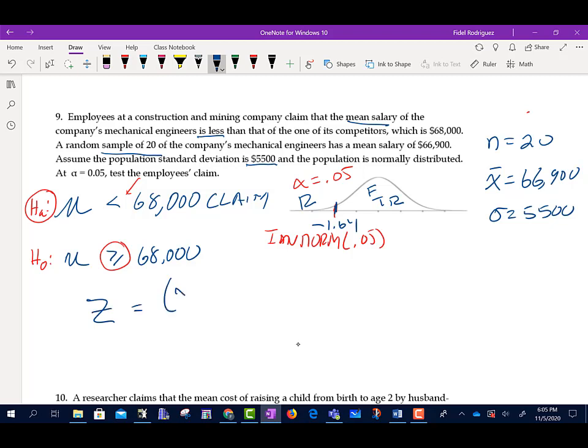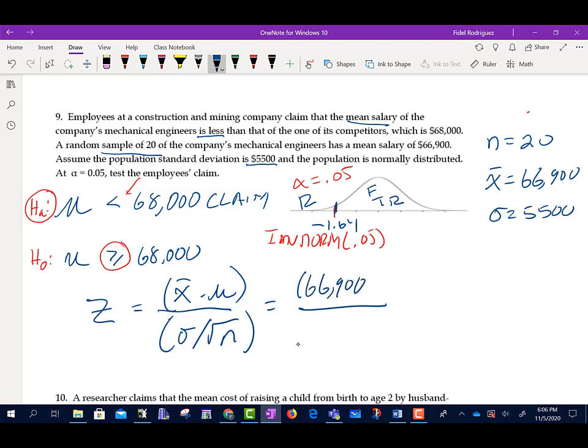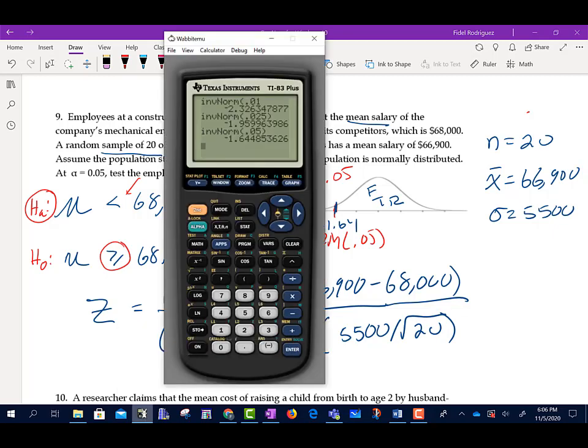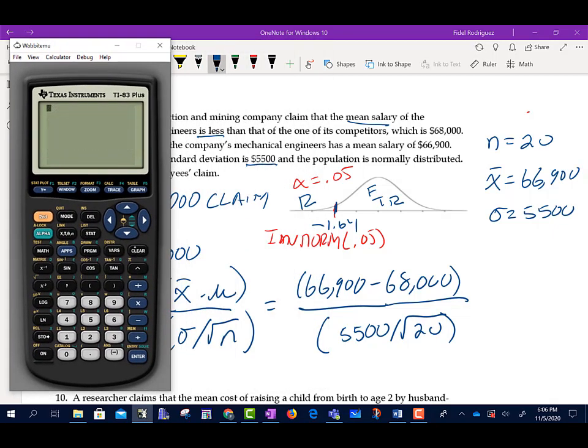Okay, so remember, I'm going to take x bar minus mu, oops, there's no bar on the mu, divided by the standard deviation over the square root of n. Okay, so I'm going to take 66,900 minus 68,000, okay, divided by 5,500 over the square root of 20. Okay. Now, guys, I'm going to do all of this business here on my calculator. So let me clear this, move this over, clear it out.